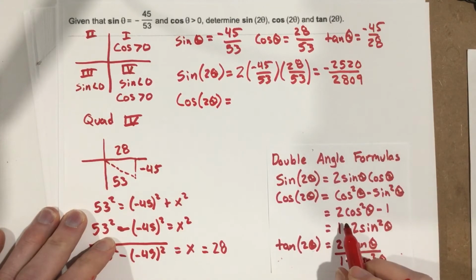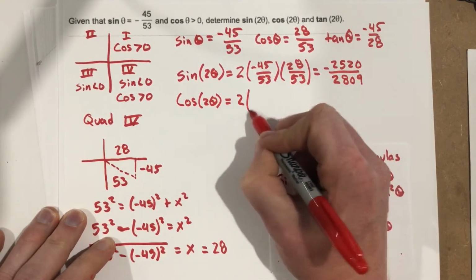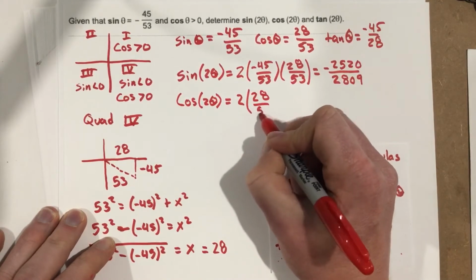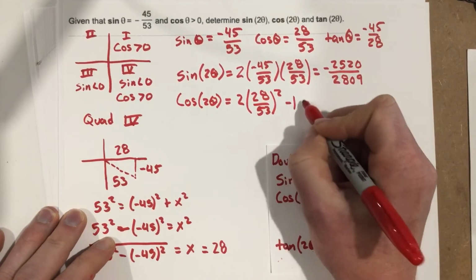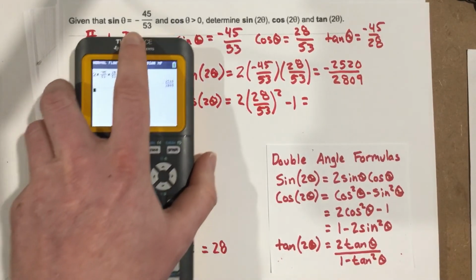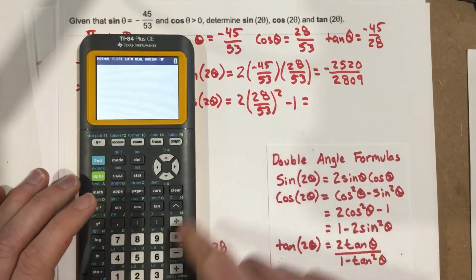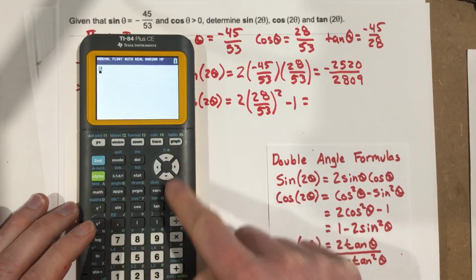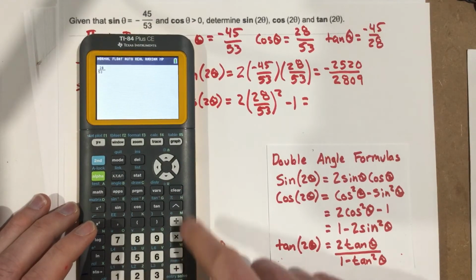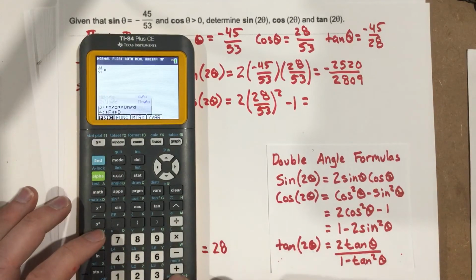Cosine 2 theta is, I'm going to use the middle one, so 2 cosine squared minus 1. So 2 times cosine squared, so I'm going to say 28 over 53 squared, and then minus 1. Again, plug that in the calculator. So we're going to start with the 28 over 53 fraction form, times 28 over 53.